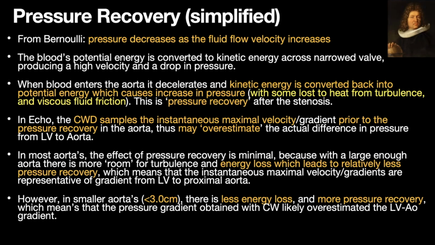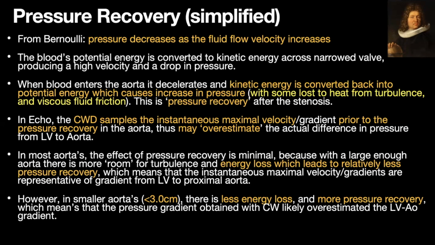In most aortas, the effect of pressure recovery is quite minimal because with a large enough aorta, there's more, and this is me simplifying it, room for turbulence and energy loss, which leads to relatively less pressure recovery. That means the instantaneous maximal velocity is probably more representative of the true gradient from the LV to the proximal aorta.